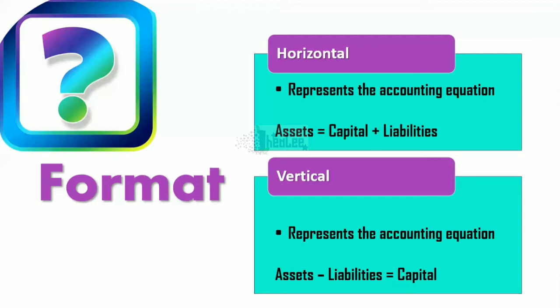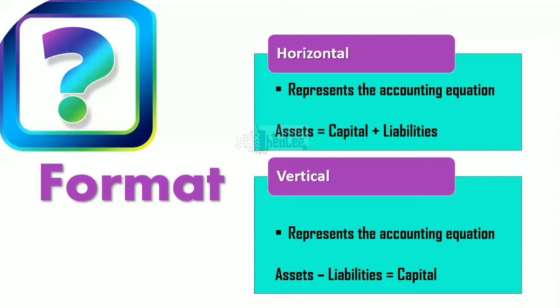Then you will subtract your long-term liabilities, if there are any, and you get your net assets. And then you would have your capital section. Once you have your capital section, you would notice that if you're accurate, your assets minus liabilities would be equal to your capital.